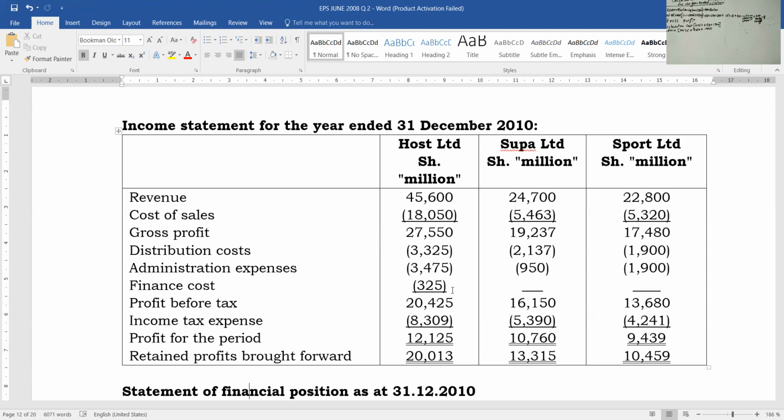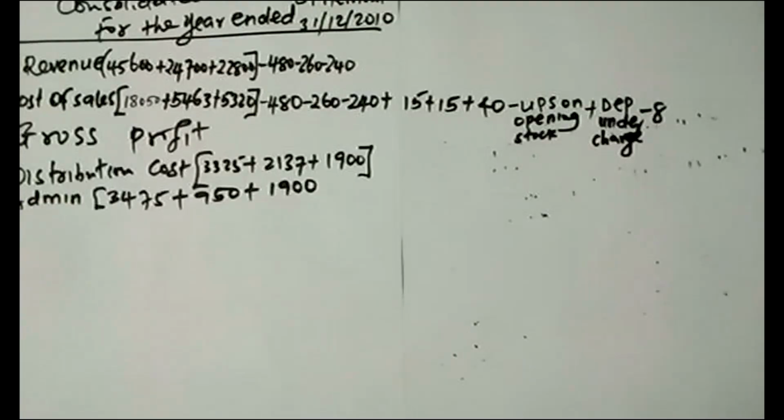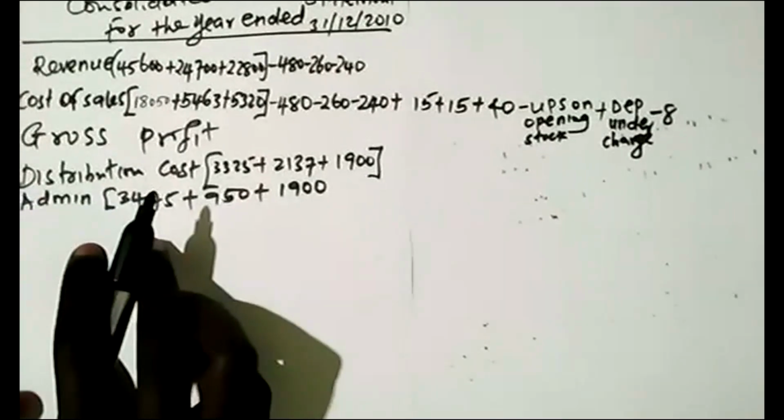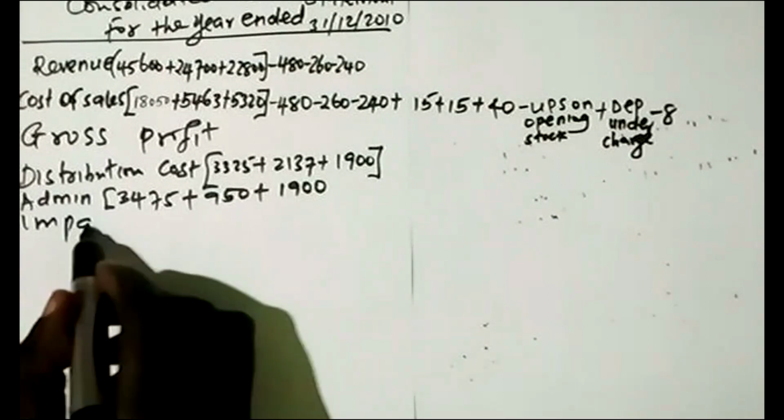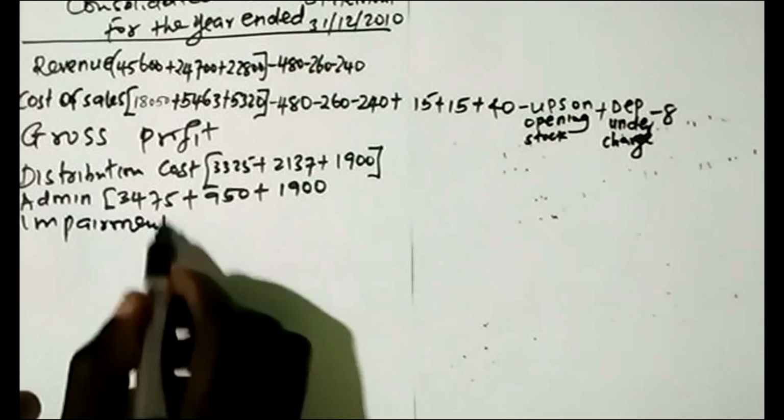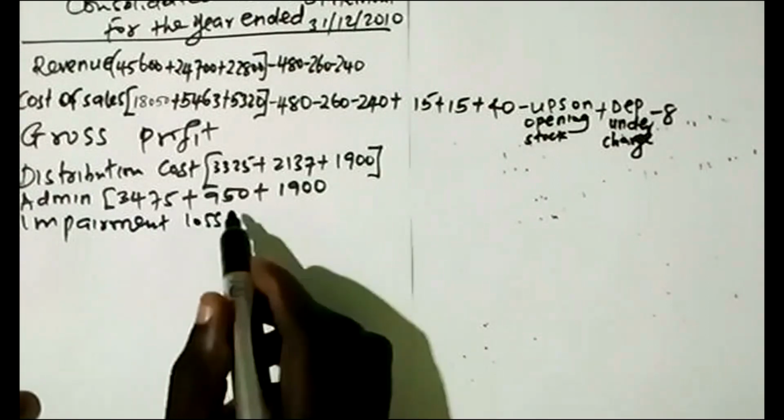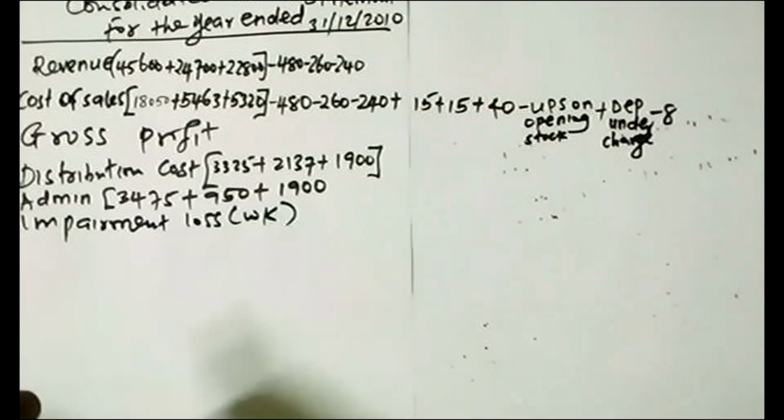We will just continue with our other items which are direct before we go to the additional information of doing that goodwill. So here we introduce impairment, and this one needs a working, so I will write working.